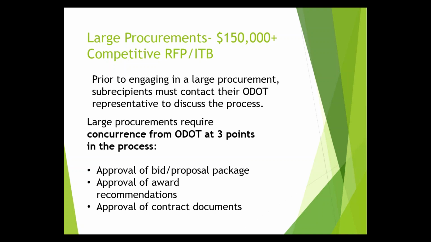You send the entire package of information to ODOT. They will review it and make sure that by choosing the vendor you want to award to, we're not doing anything wrong, that it's all good. So you'll get a concurrence letter back from ODOT saying, yep, it looks good, go ahead.